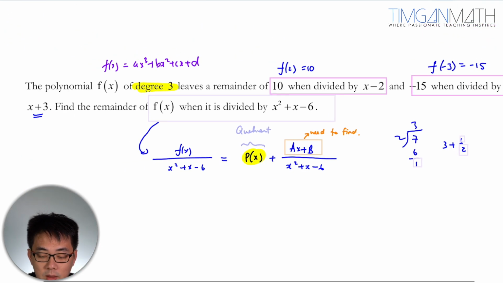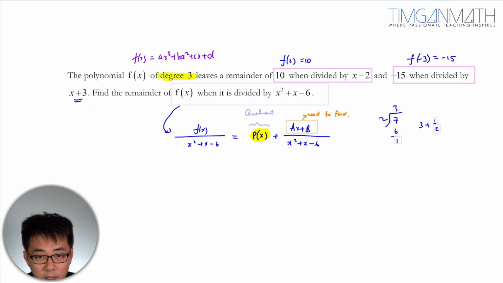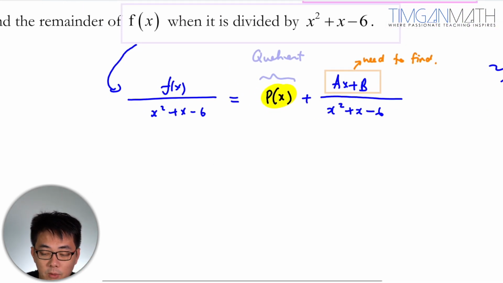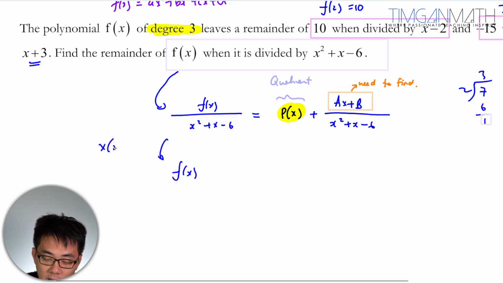So then what we need to do is try and understand this. I'm going to cross multiply both sides by x squared plus x minus 6, so f(x) equals p(x) times x squared plus x minus 6, plus ax plus b.